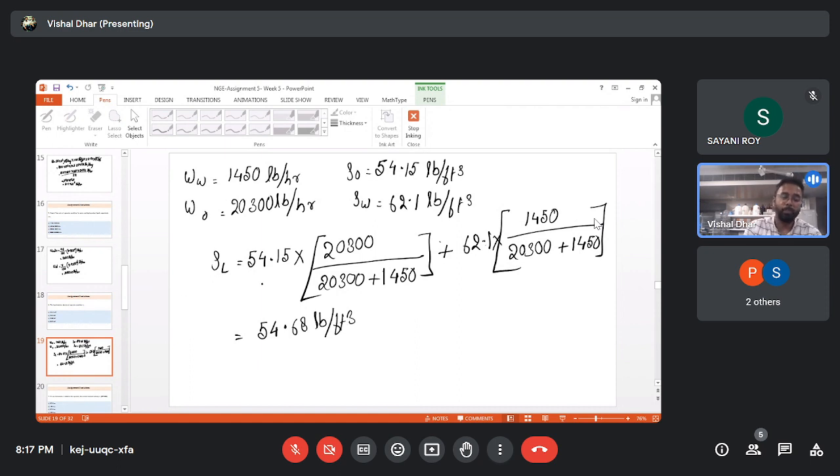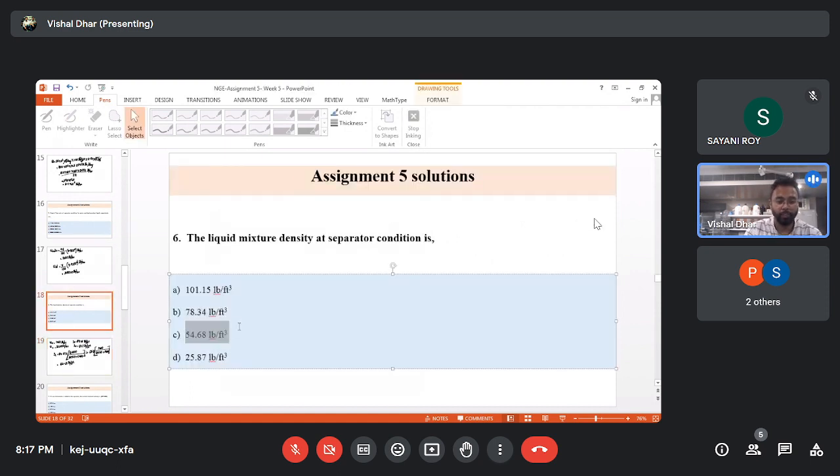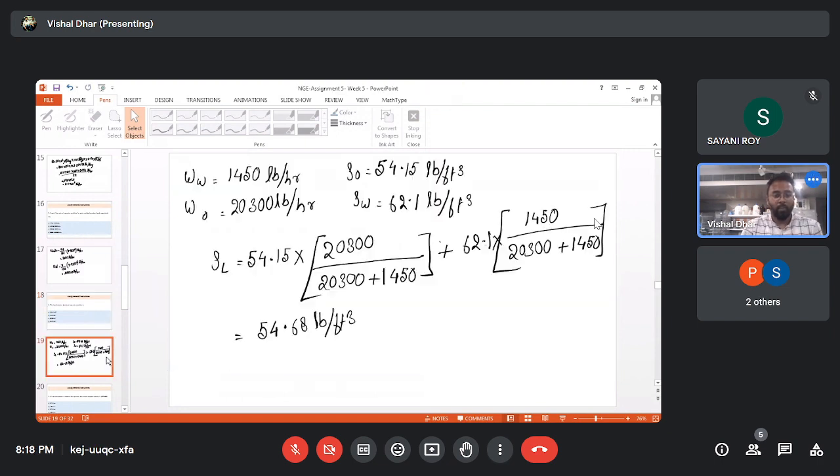So this is the density of mixture in the separator. It is 54.68 lb per feet cube. So note down the numerical, then we'll be going to the next question.